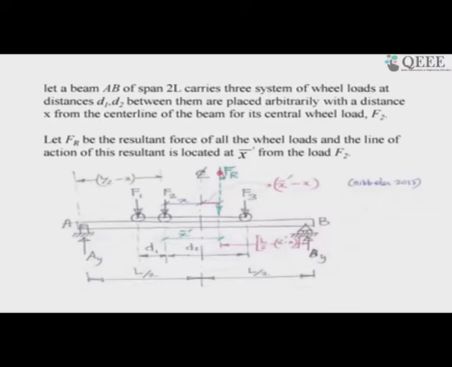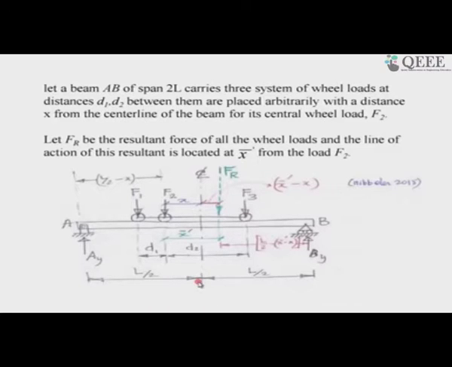Now, in the computation, I will see what condition it arrives at. If this resultant is here, I can find out what distance it has from the center line of the beam, which is at L by 2.